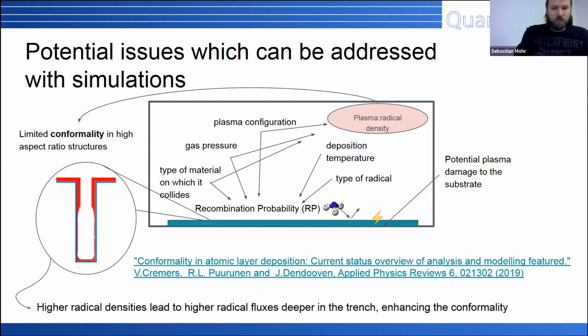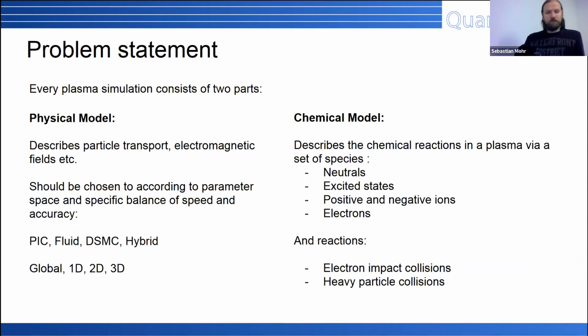For simulations to be actually useful, they need to be reliable and robust. In the end, each plasma simulation consists of two parts. On one hand, you have the physical model, which describes the particle transport and the electromagnetic fields formed in the plasma, for example. And there are multiple approaches to this.